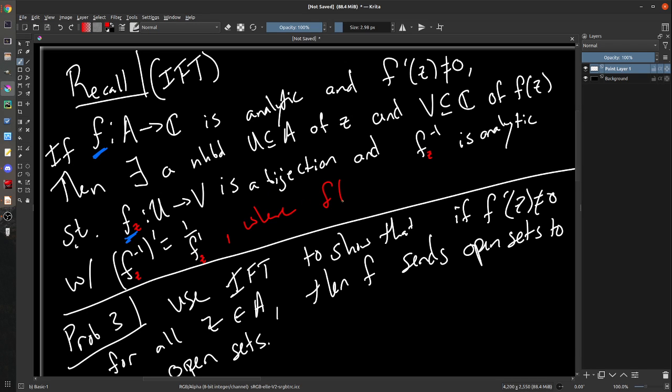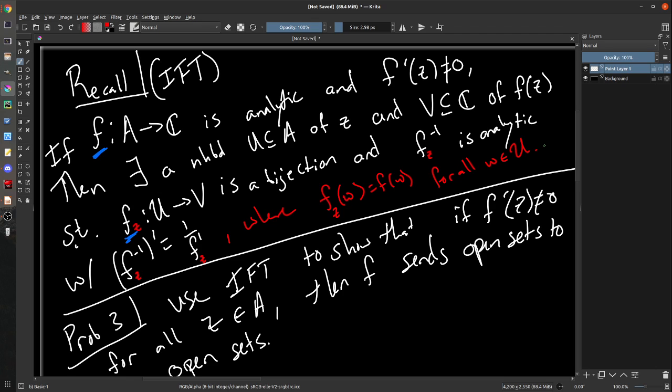Where f_z of, maybe I should write a different term, f_z of, I shouldn't use y, I should say omega or w, equals f of w for all w in U.